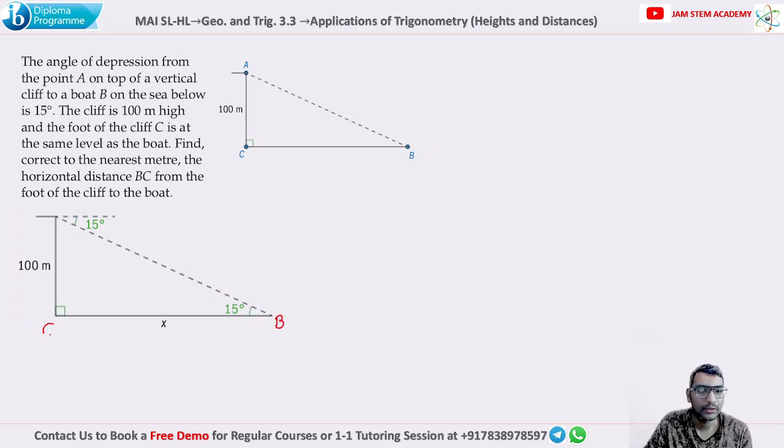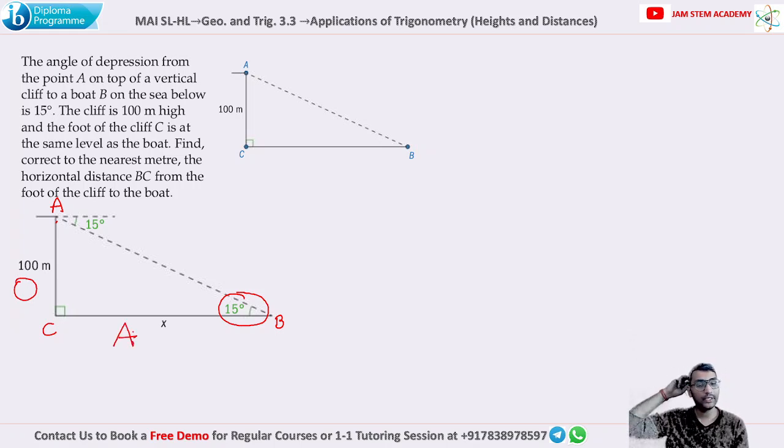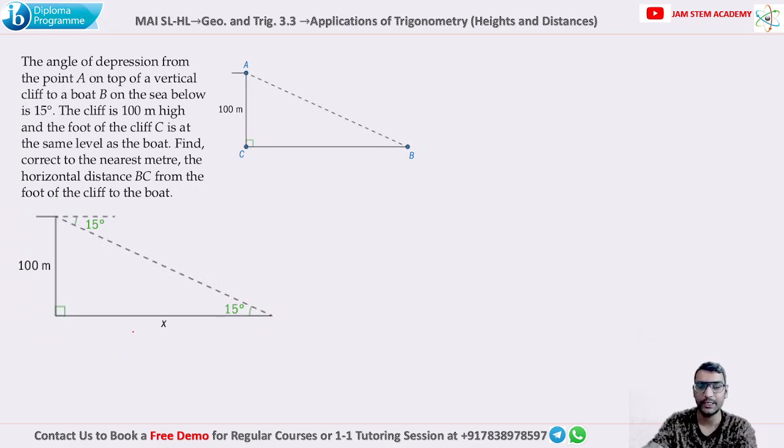Now we need to find the value of CB. We have the angle and we have this side, which is the opposite side, and we are looking for the adjacent side. So we need to look for that trigonometric ratio which gives the relation between opposite and adjacent. What is that? Yes, tangent theta.